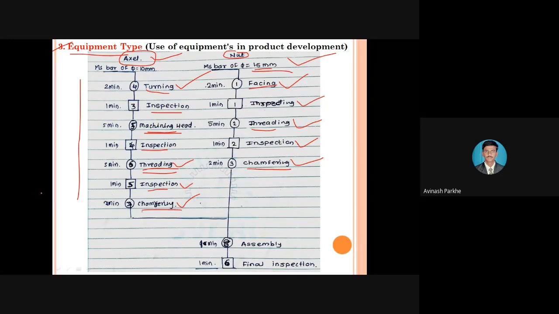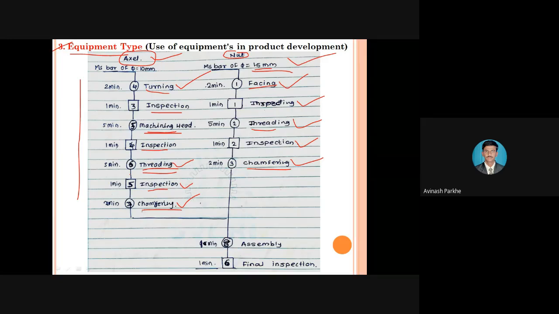Therefore, the inspection symbol is also represented in this equipment type of flow process chart, in which you will get the sequence of operations to manufacture that product, as well as the locations of the inspections. Therefore, this equipment flow process chart plays a very important role to convert the raw material into the finished goods.